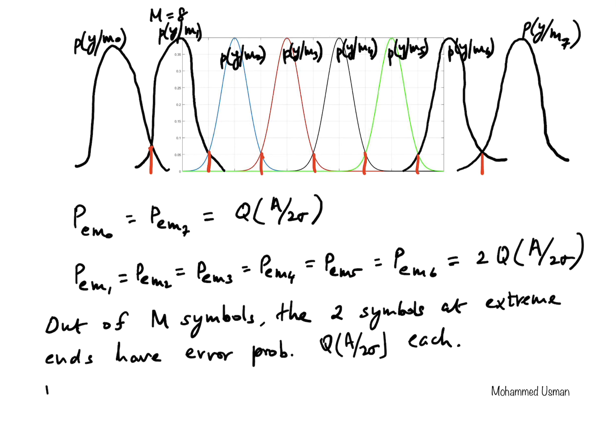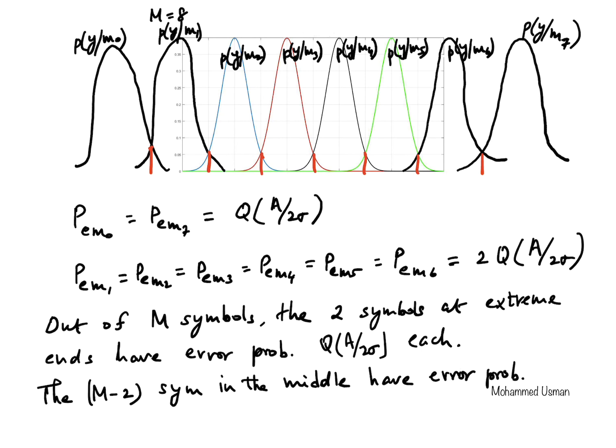So the remaining M minus 2 symbols in the middle have error probability 2 times Q of a by 2 sigma each.